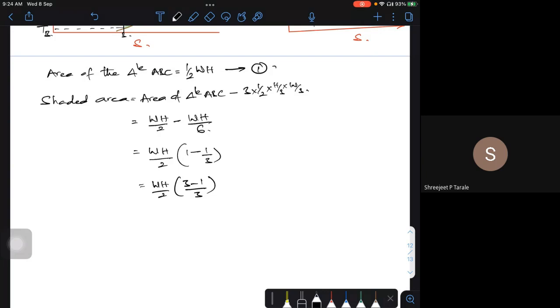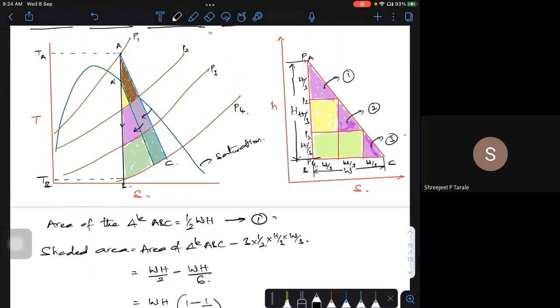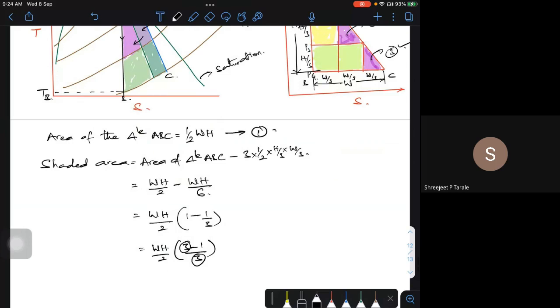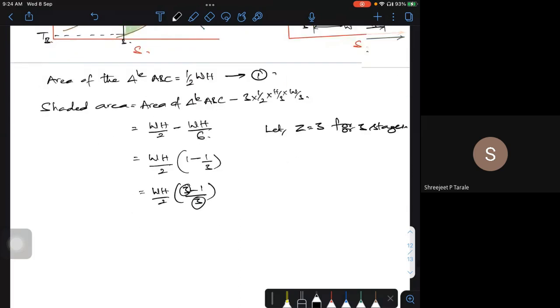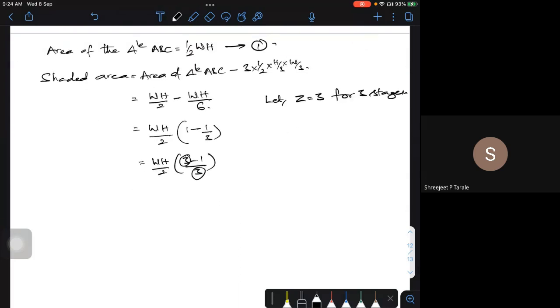So now, if you look at it, WH by 2 into Z, we may say. This 3, what is this 3? This 3 represents that I have 3 stages. Let us define Z, which is 3 for 3 stages. So I can have a generalized shaded area.